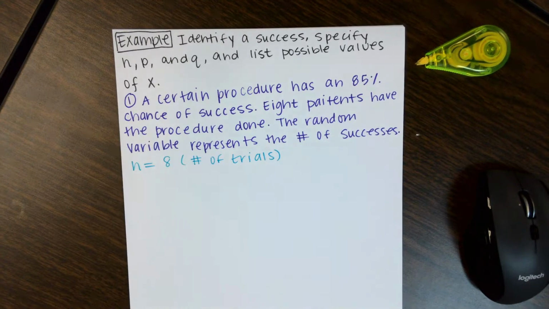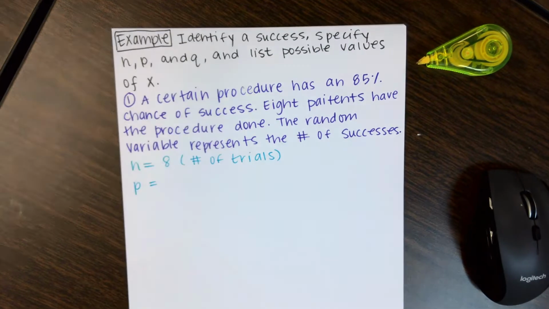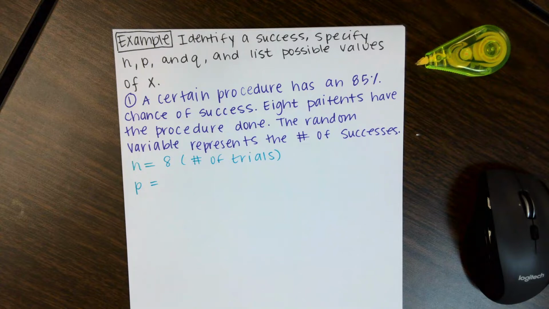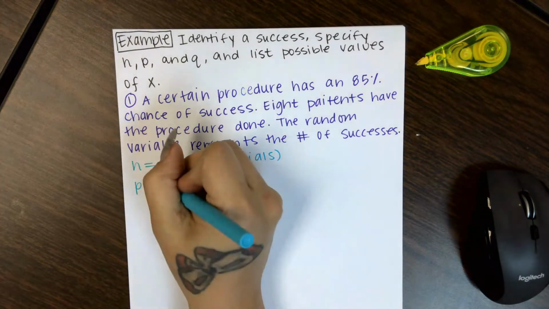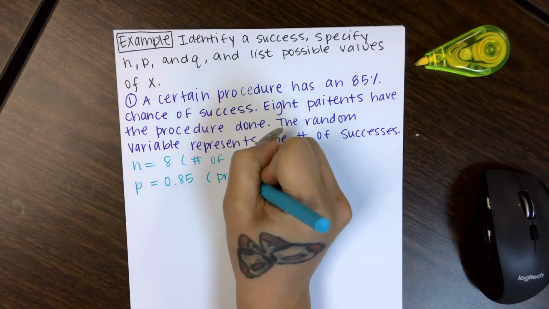And then once you hit 8 and you hit enter, it opens up another little blank and it asks you what our P is. So our P, if you go back to page 1, was the probability of success in a single trial. So 85%, but if it's the probability, we're going to write it as a decimal. And so our probability would actually be 0.85 because that is the probability of success.